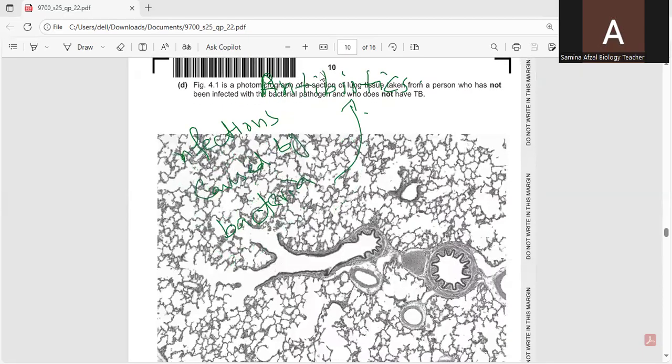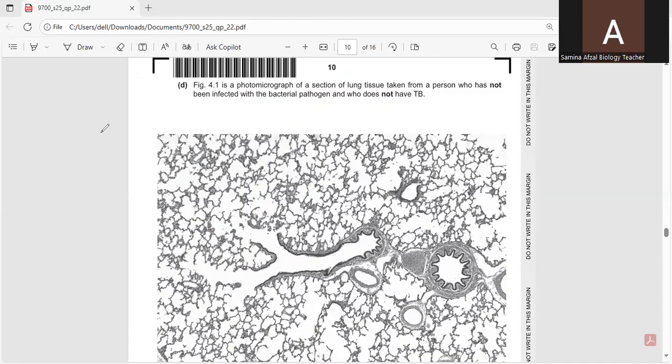Next question: Figure 4.1 is a photomicrograph of a section of lung tissue taken from a person who has not been infected with the bacterial pathogen and who does not have TB.